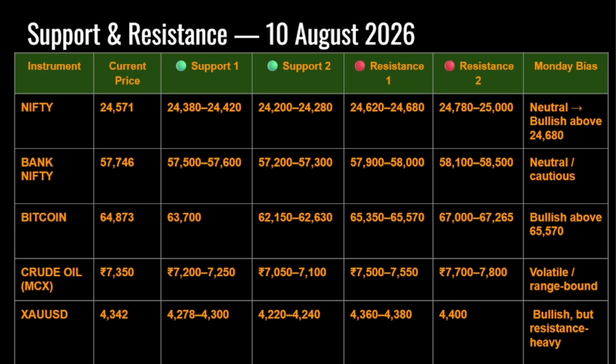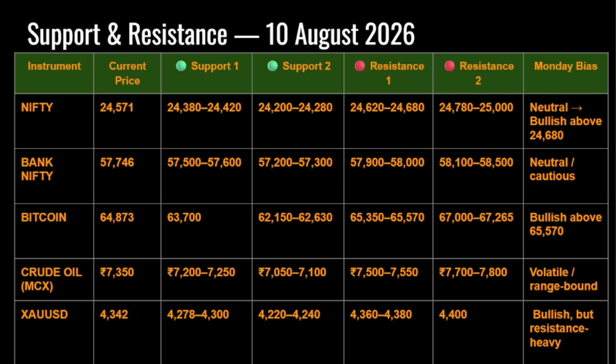The second resistance zone is 7,700 to 7,800. The overall view is volatile and range bound because geopolitical news can create sudden movements in crude. Traders should be particularly careful with position sizing and stop losses.